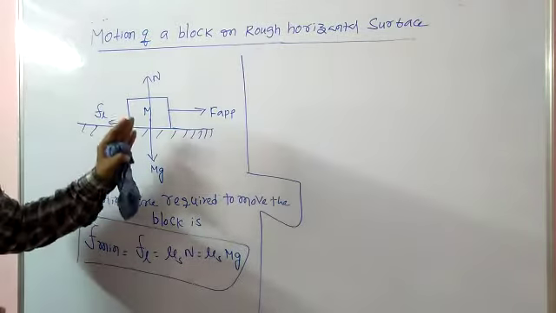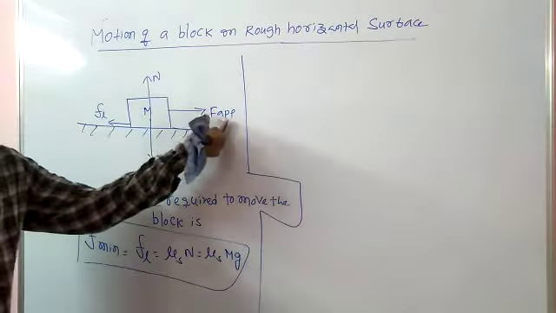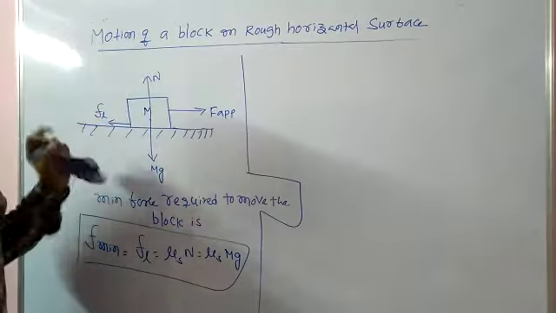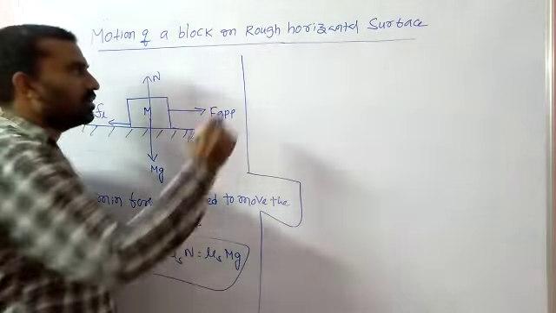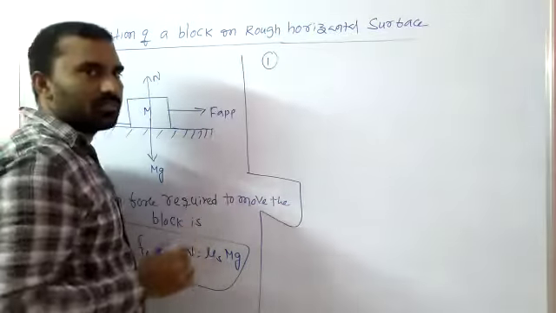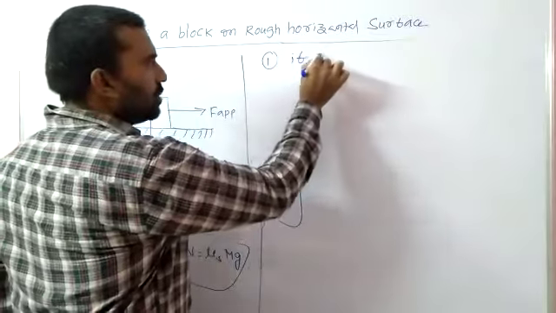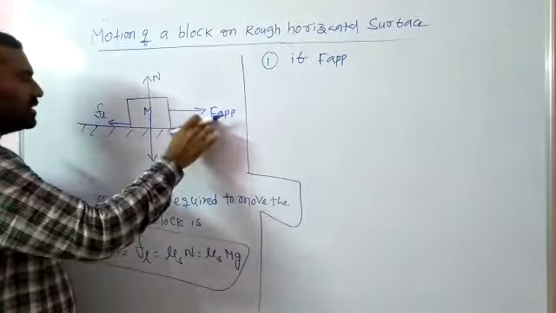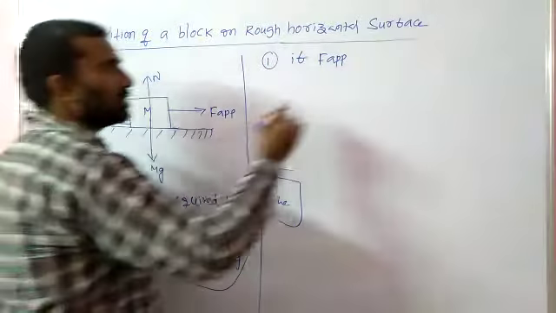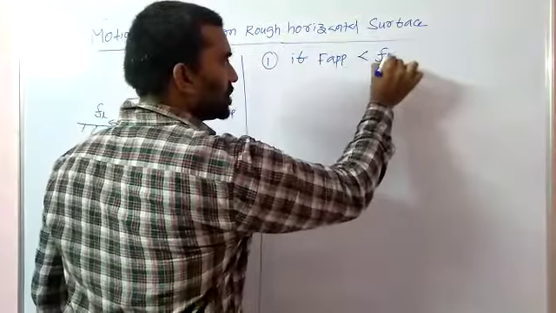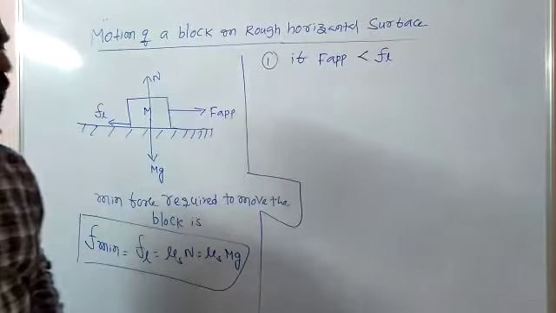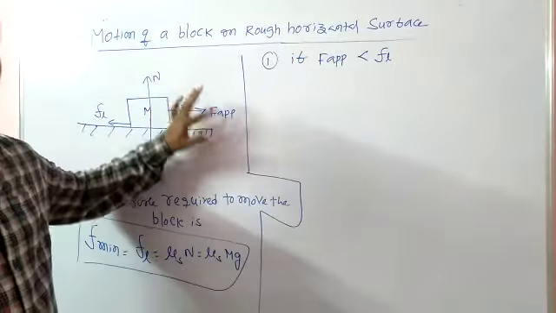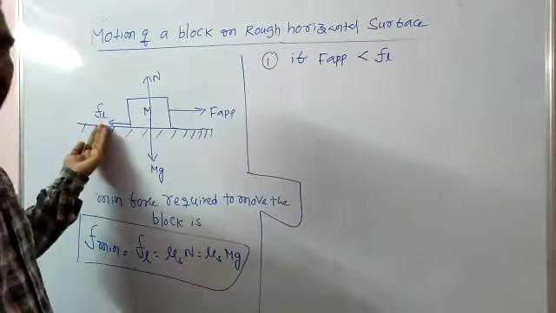If you want to move the block, that force should be equal to limiting friction. Now see the cases one by one. First case: if the applied force, the external force, is less than limiting friction, what happens?